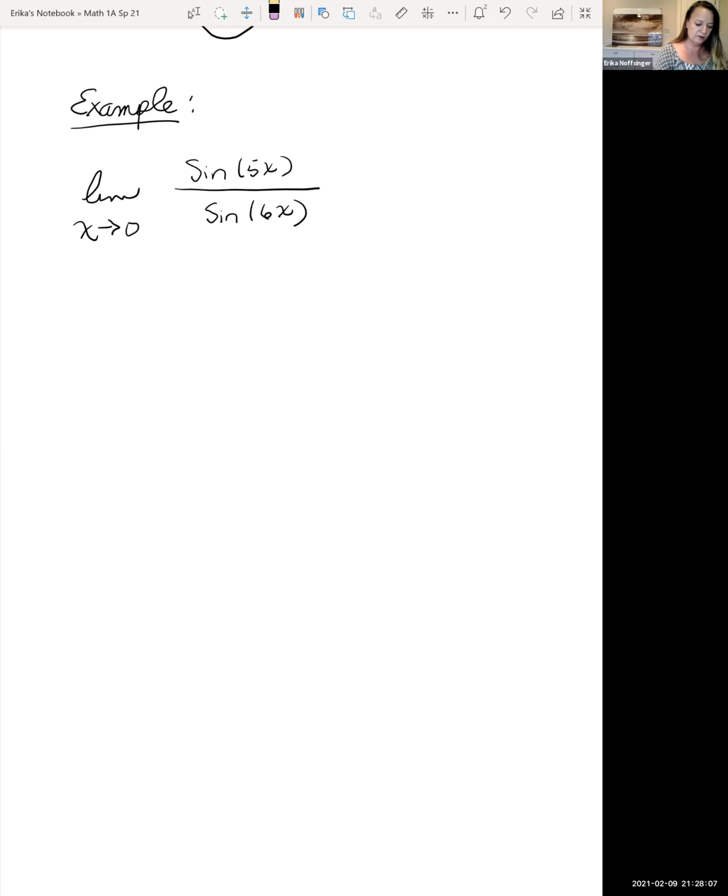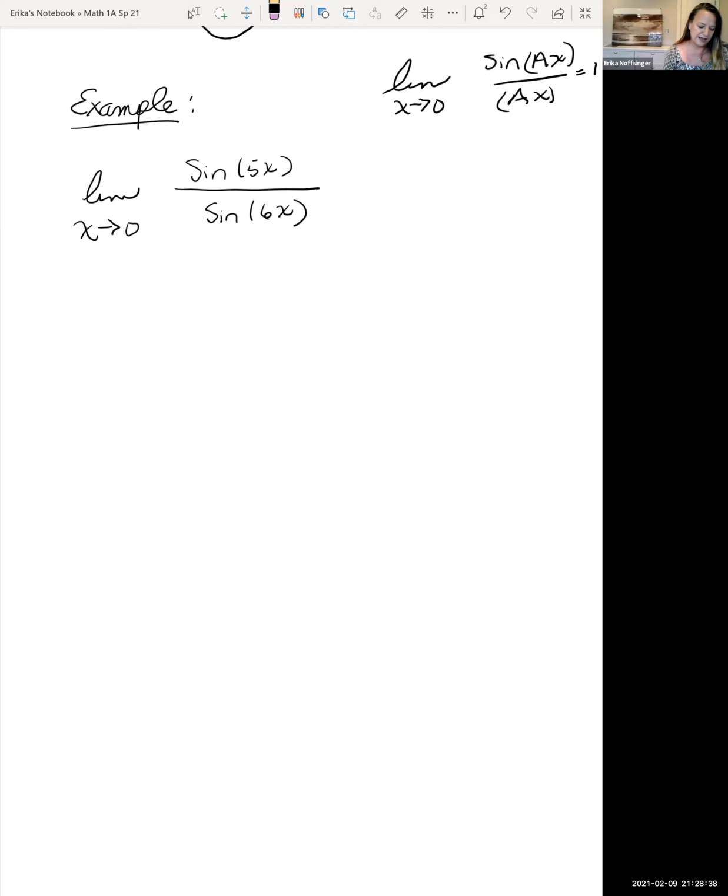We want to manipulate this so that we can get sine of ax all over ax. It doesn't matter what the coefficient is. The argument of our sine should be the same thing that we're dividing by in the denominator, and this would be 1. So our goal is to manipulate it to look like this.